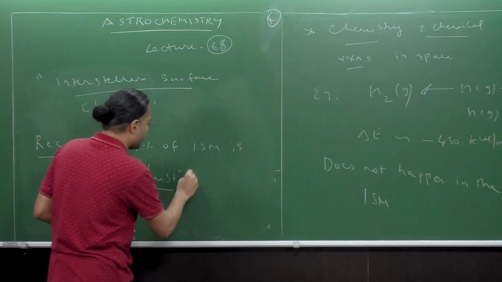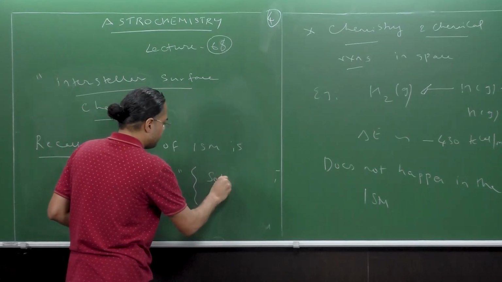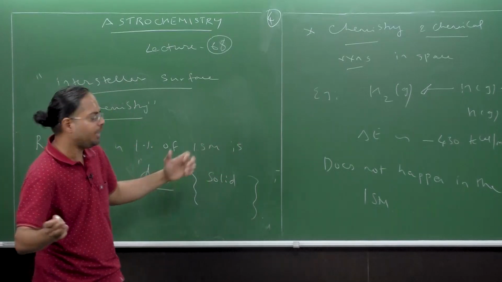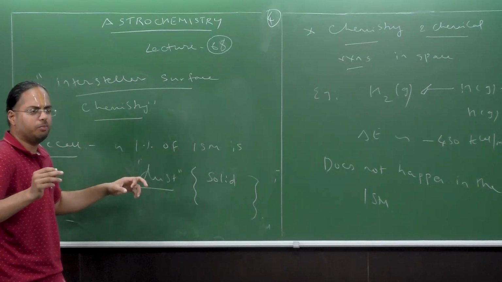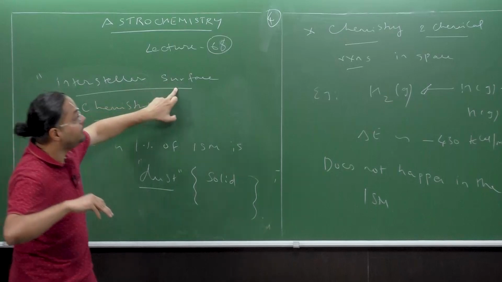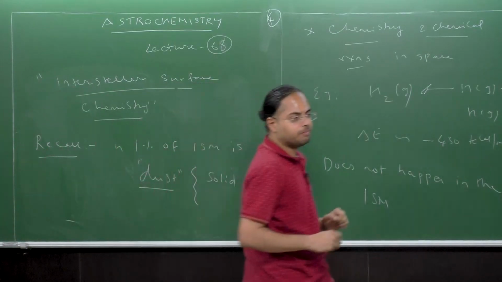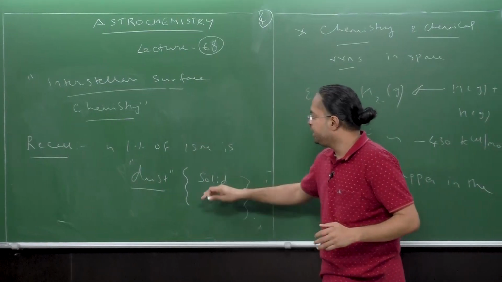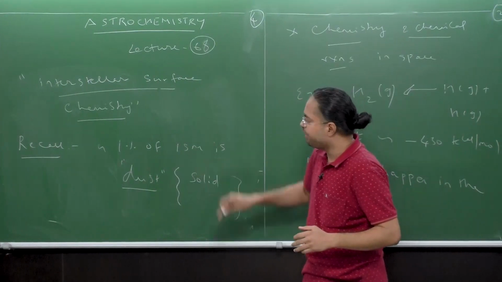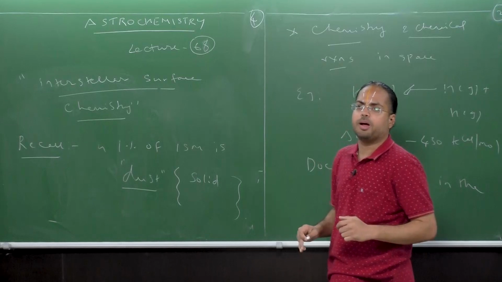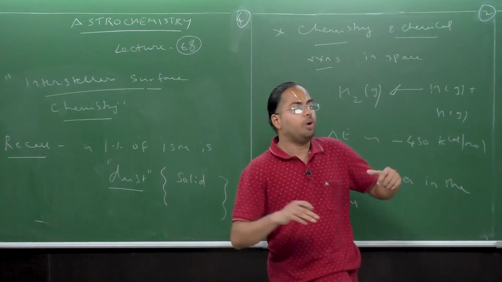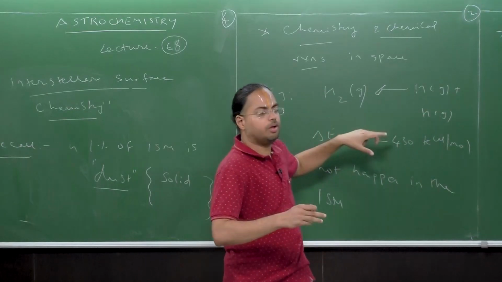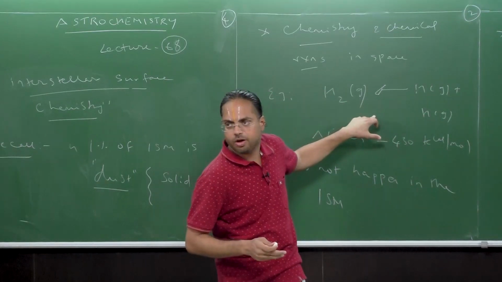By dust, I'm talking about some solid, either amorphous or crystalline, which has a surface on which chemical reactions can happen. Next, I will briefly tell you the composition of this solid surface, and then I'll explain how it facilitates this otherwise implausible reaction in the ISM.